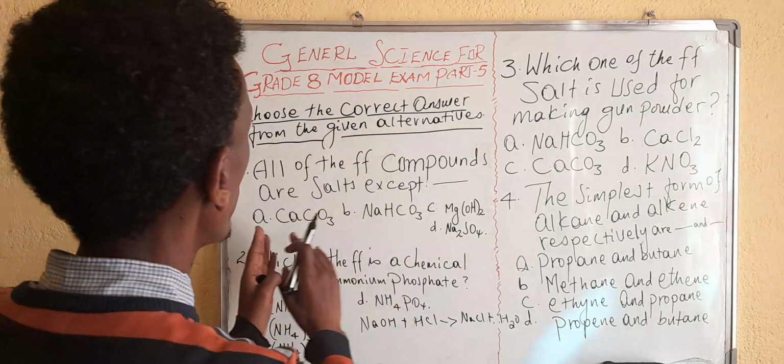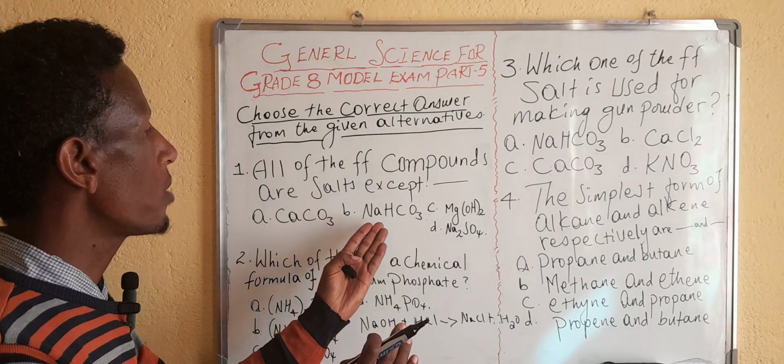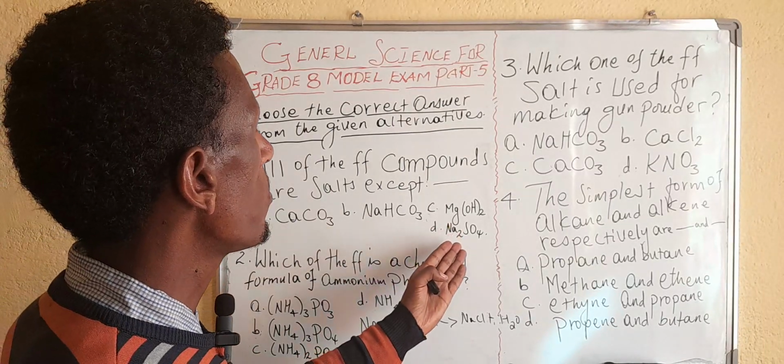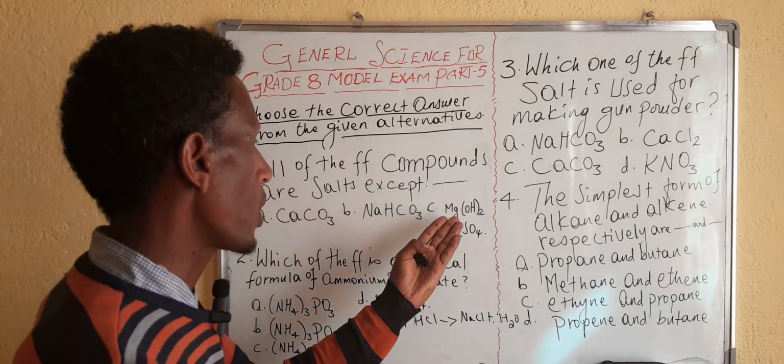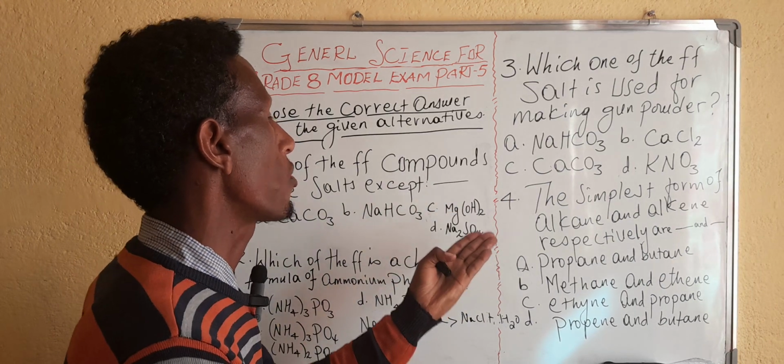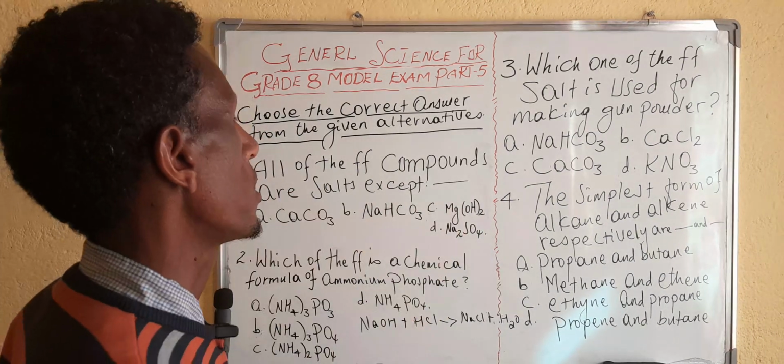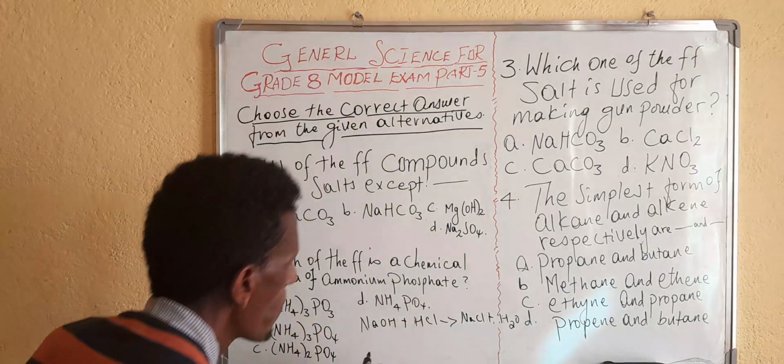ስለዚህ ከነዚህ ምርጫዎች ካልሲየም ካርቦኔት is a salt, sodium bicarbonate is a salt, sodium sulfate is a salt, except what? Except magnesium hydroxide, right? This one is a base, right? Base ነው። እንዴት ነው?